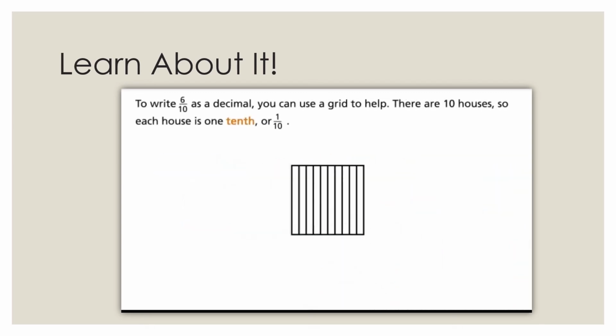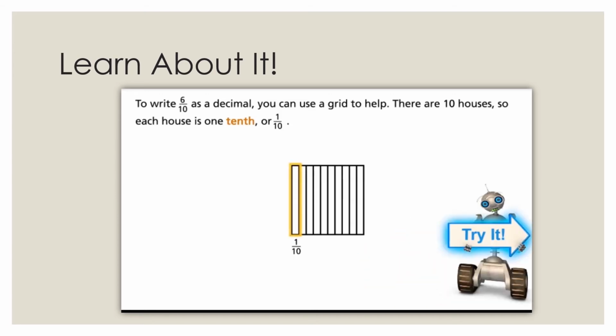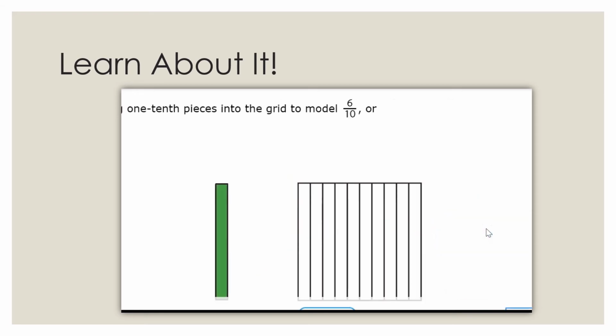To write 6/10 as a decimal, you can use a grid to help. There are 10 houses, so each house is 1/10. Drag 1/10 pieces into the grid to model 6/10, or 0 and 6/10.